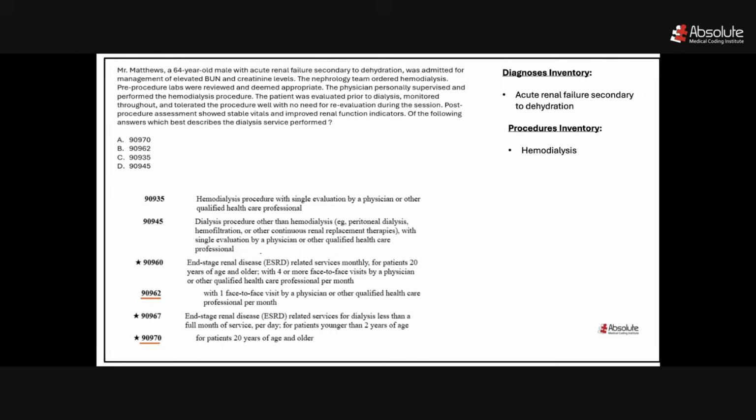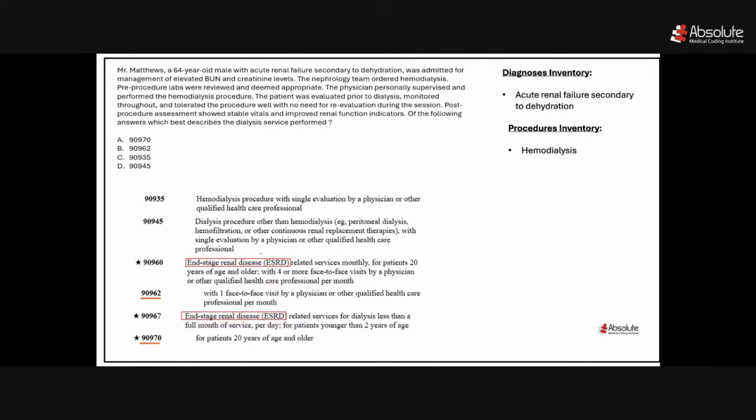You know why? Type in the chat. You know why I can eliminate that outside? Let me know in the chat, coders. Yes, these two codes are for end stage renal disease, right? These are for ESRD services.